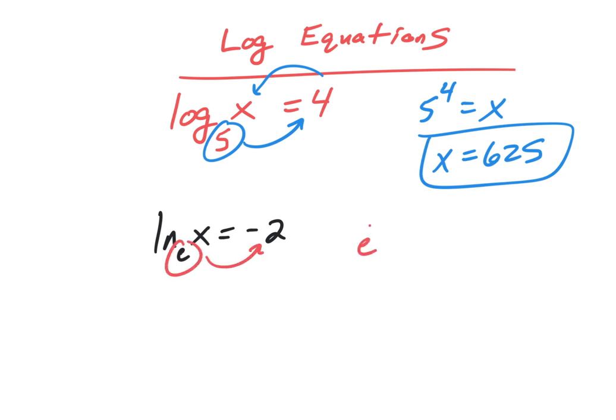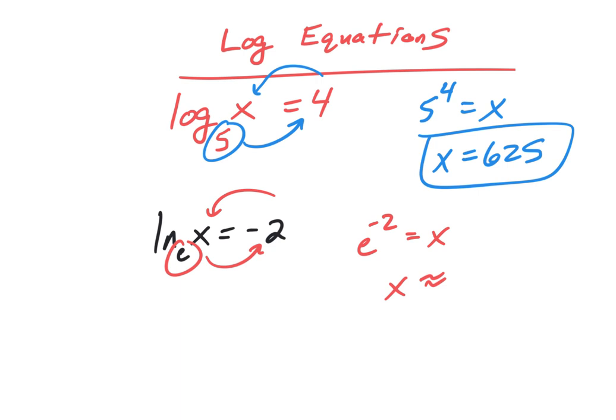e raised to the negative 2 is equal to x. If I can change that into an exponential equation, now x is by itself, so all I got to do is be able to put e to the negative 2 into my calculator. Obviously not a problem I'm going to expect you to do in your head, because e is not a number that we typically would deal with.